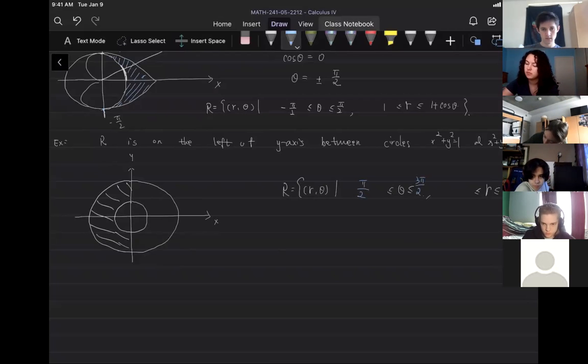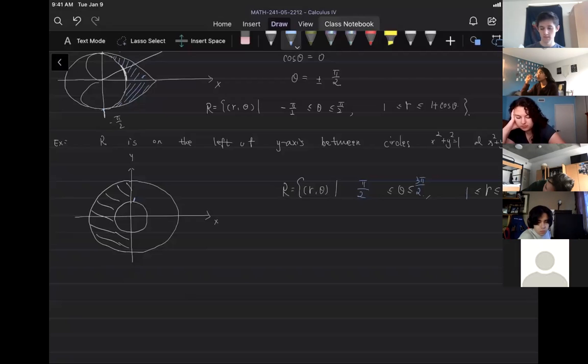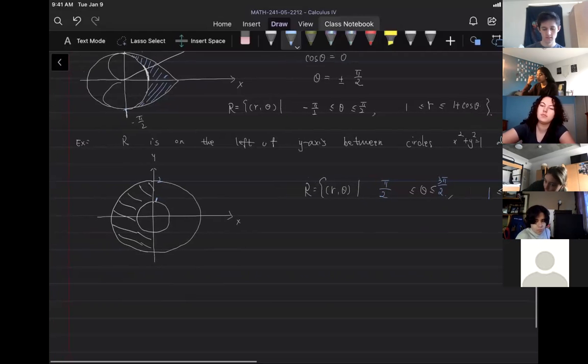Okay, so the left part is from what to what? One, two. 2. Yes. 2. Okay, this one. So next, why do we do this kind of thing?